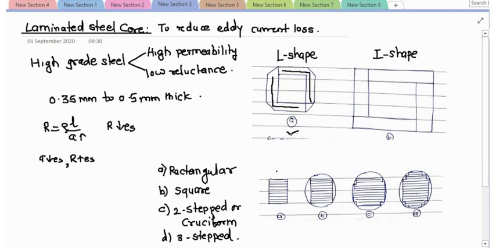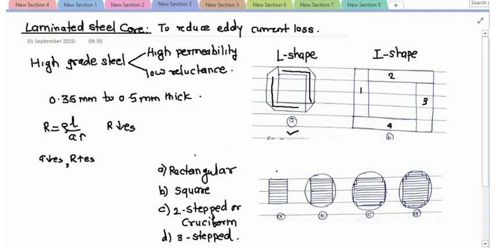And figure B shows the magnetic core, which is made up of the I-shaped lamination. So there are 4 I-shaped laminations which are staggered together to form one core lamination, and these laminations are assembled in proper way so that they will provide the continuous magnetic circuit with a minimum air gap.